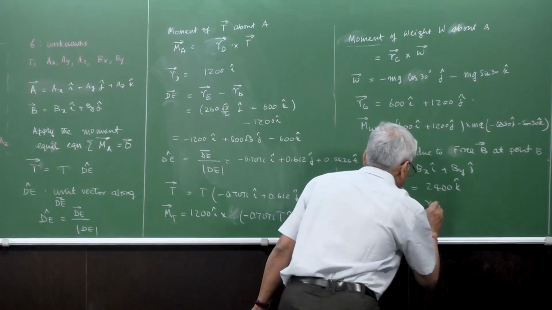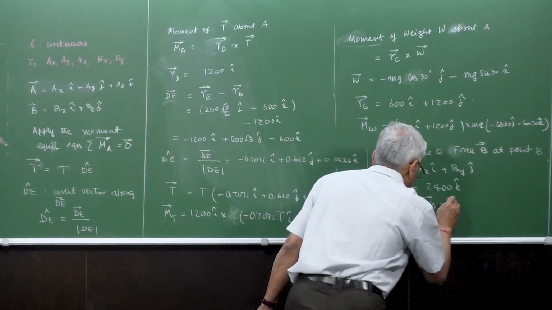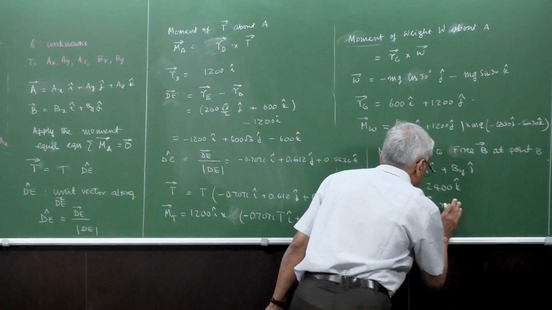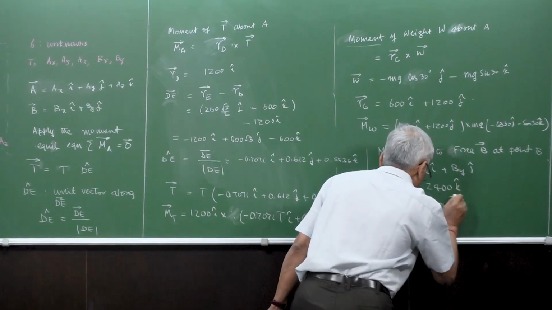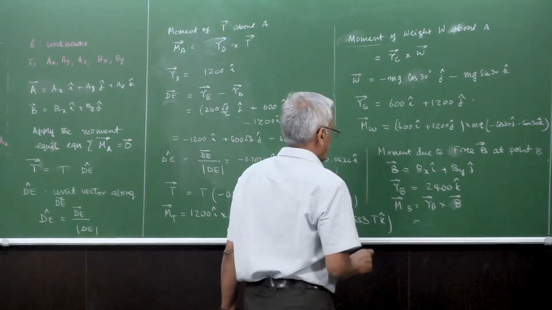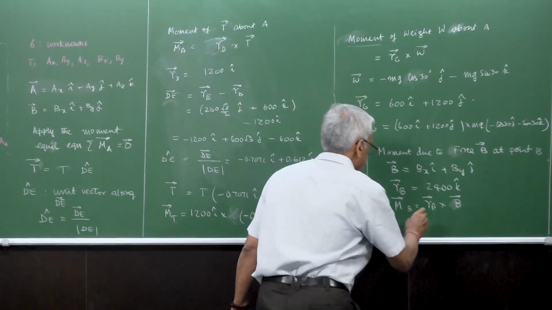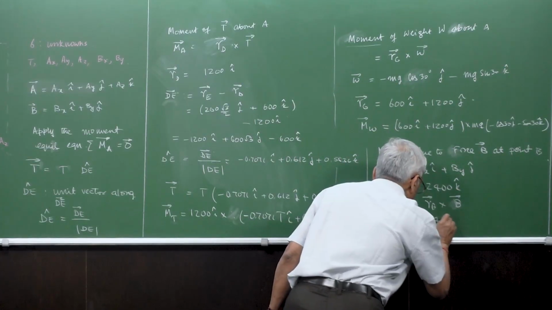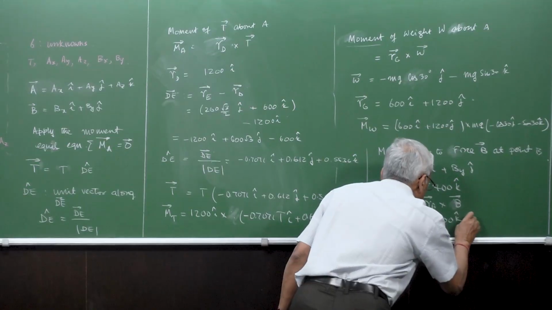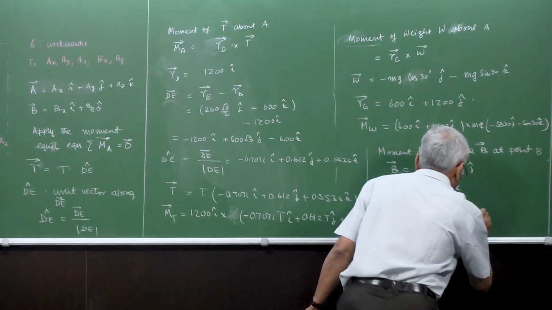So it is nothing but RB cross B. Okay, so RB is 2400 k, and B here is that.